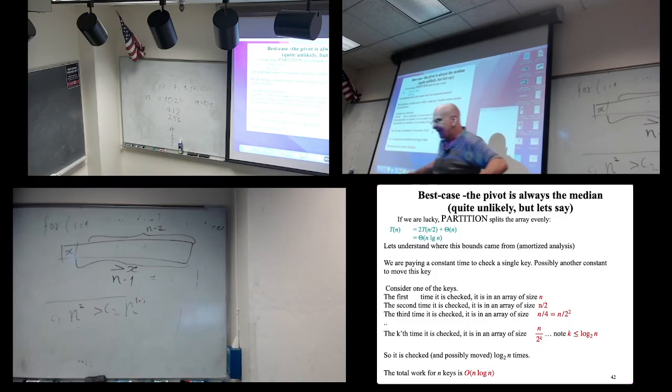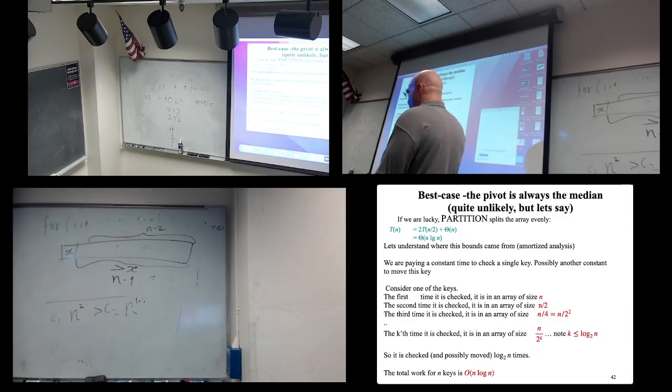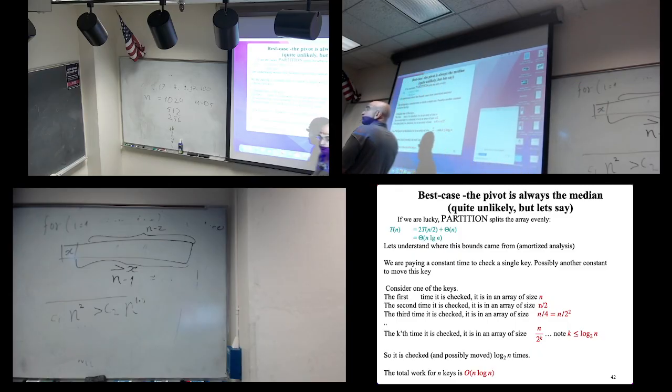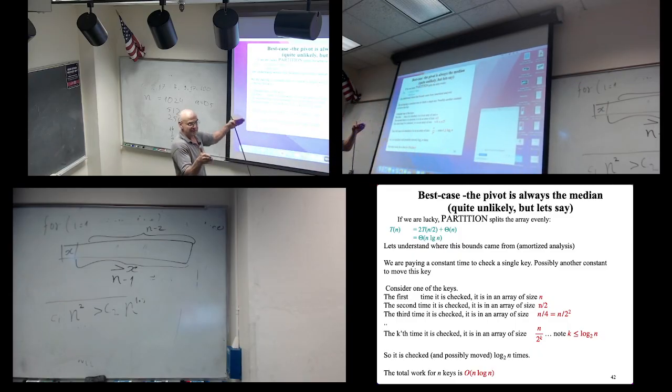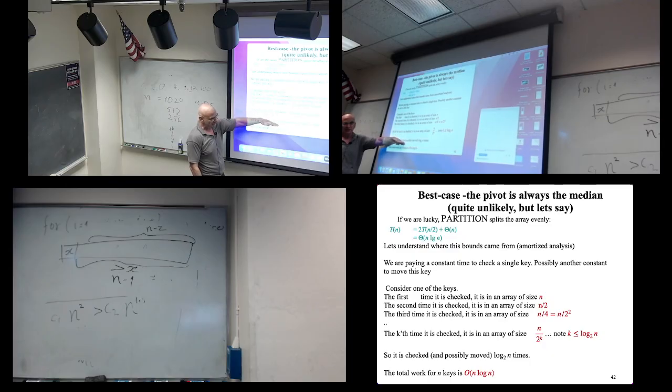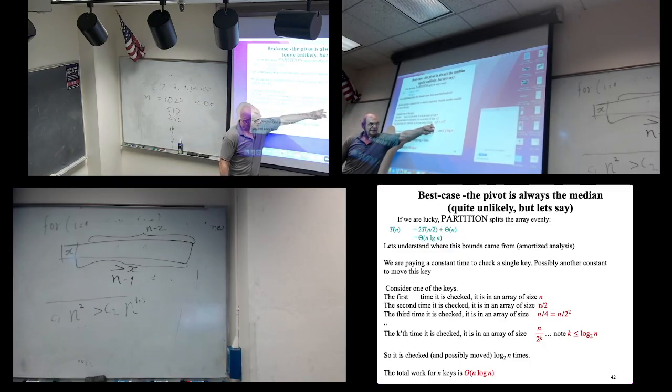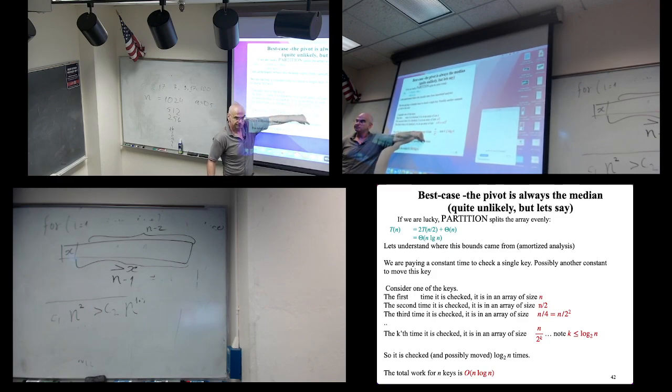The size of my array decreases exponentially. In the worst case, the size of my array decreased very slowly. It was n minus 1, and minus 2, took forever. Now the size of my array decreases exponentially, so the number of times that the algorithm will move me from place to place is only log n.